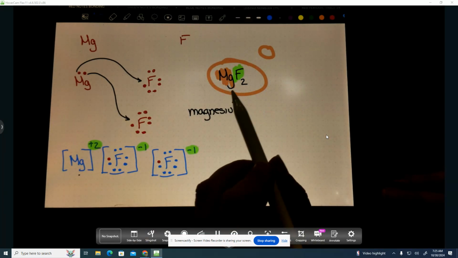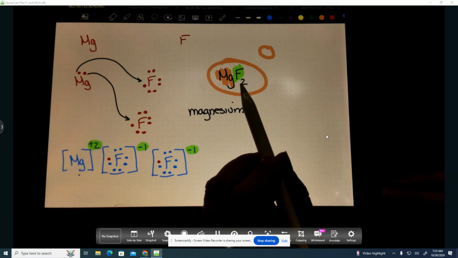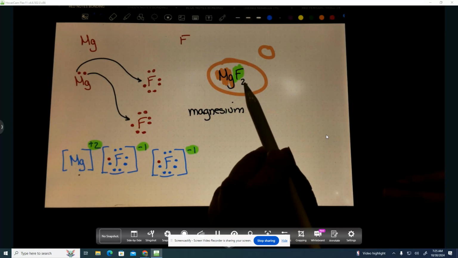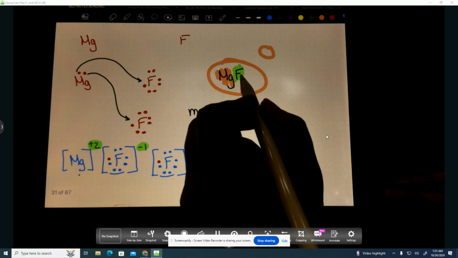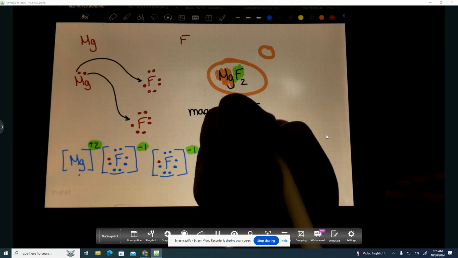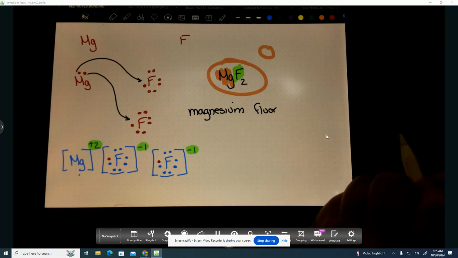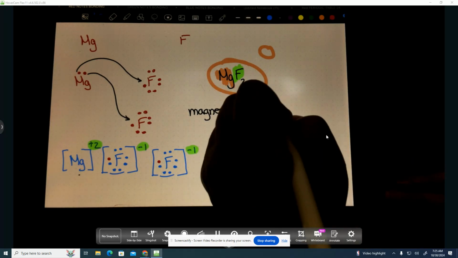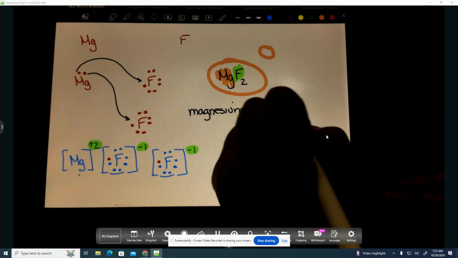The anion, which is the negative ion, is always written second, it's always on the right-hand side. We're going to take whatever that thing is, in this case it's fluorine, we're going to take the end off, and we're going to add "ide" to the end.